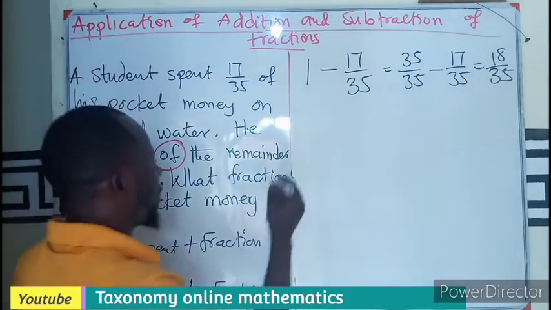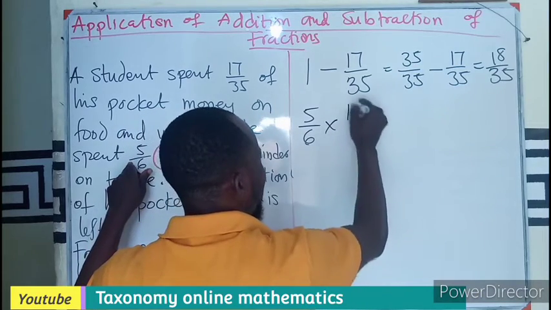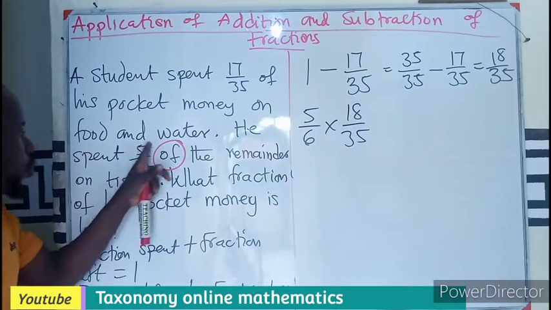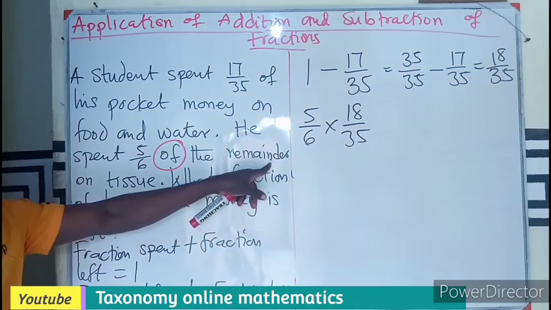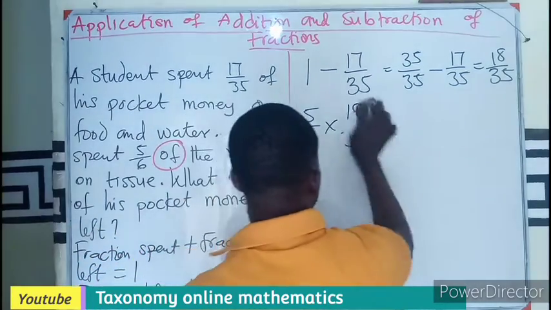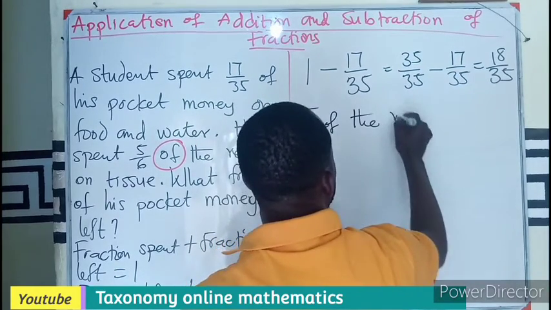So that is going to be 5 over 6 of the remainder, which is 18 over 35. We are going to use this to multiply the remainder.